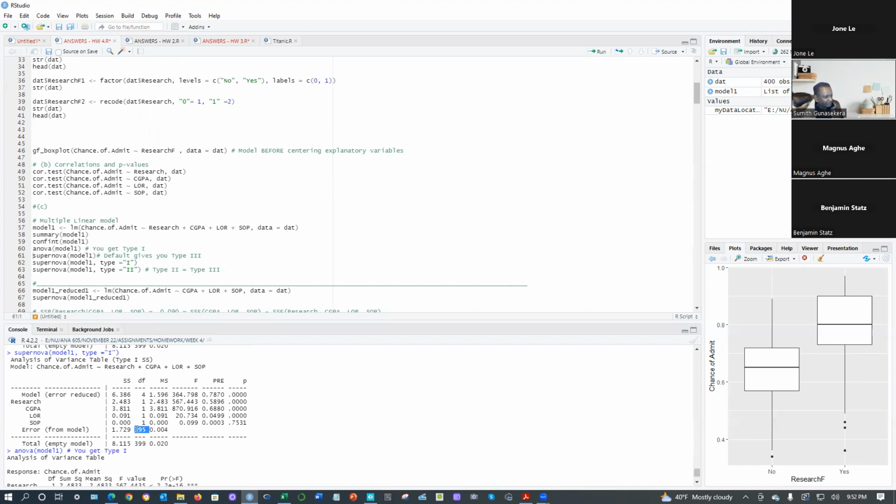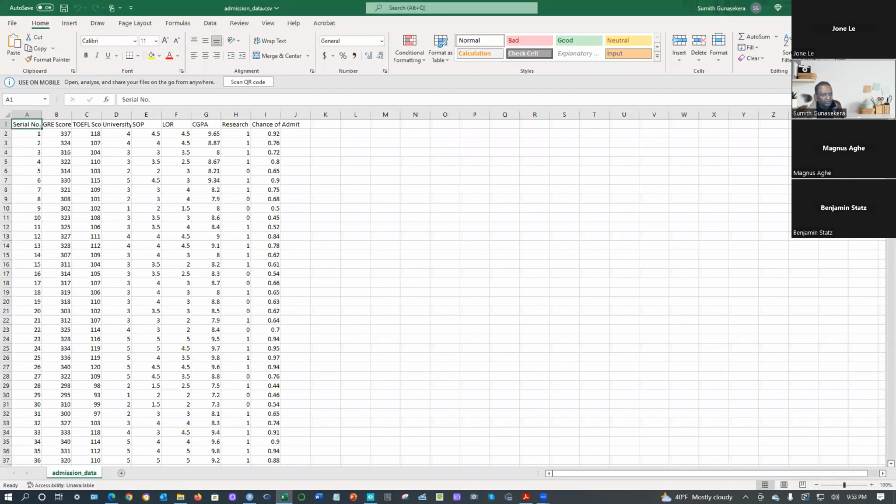But this one is what? N minus the number of regressor variables. See, error is n minus how much? How many variables? We have 399, no? Oh, 400. Should be 400.